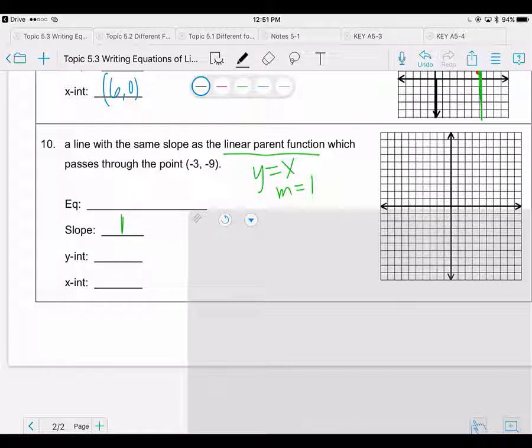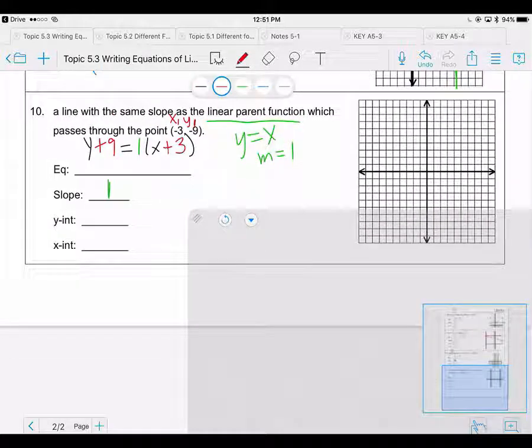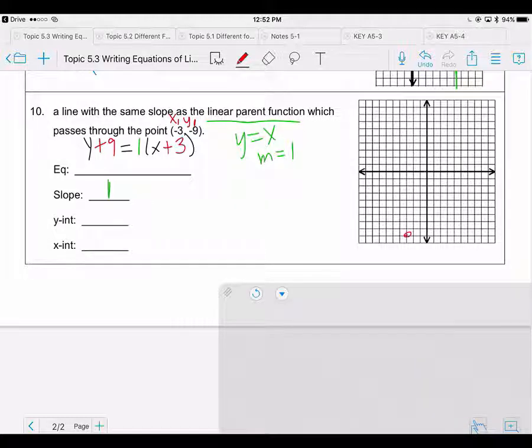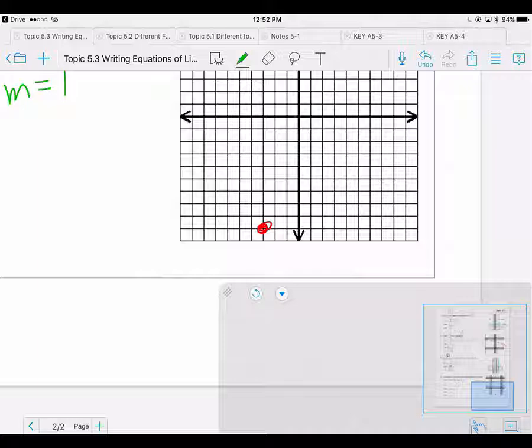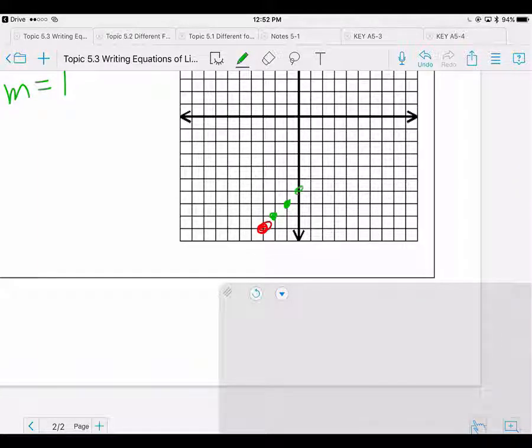So we could plug into point-slope: y plus 9 equals m times x plus 3, because again, opposite signs, and we could solve, or we could plot the point -3, -9, and then use our slope of up 1, right 1 to see where it's going to cross.